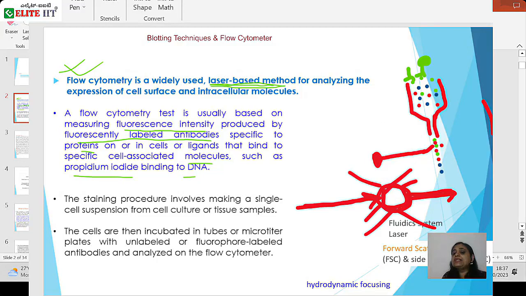You can get how much FSC is scattered and how much SSC is scattered, and depending upon the result you can analyze it. According to the size you will get different signals, and according to the granularity, that means how many granules are present, you will get the SSC, the side scatter, and you can analyze that.